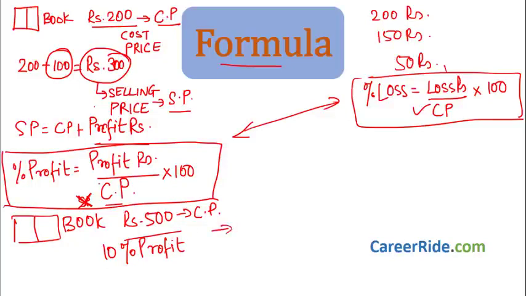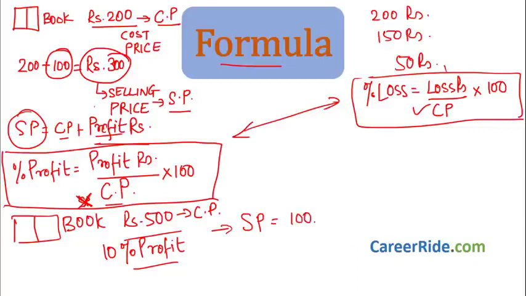What we did over here earlier, selling price is nothing but cost price plus profit in rupees, correct? Now over here, since profit is given in percentage, we know that a whole thing is always taken as 100%, correct? So we'll write 100%.